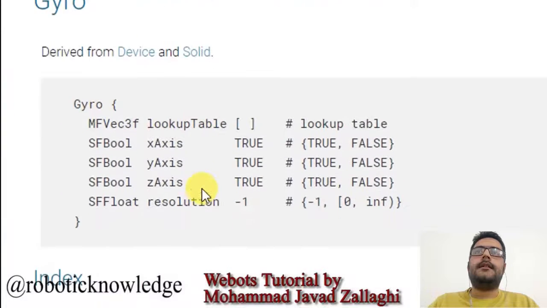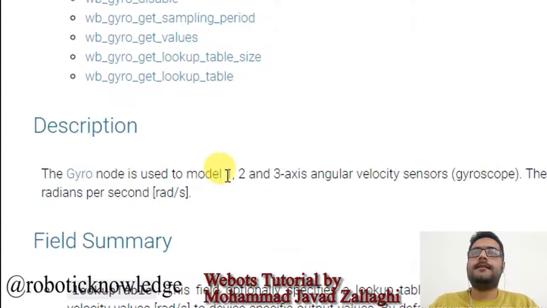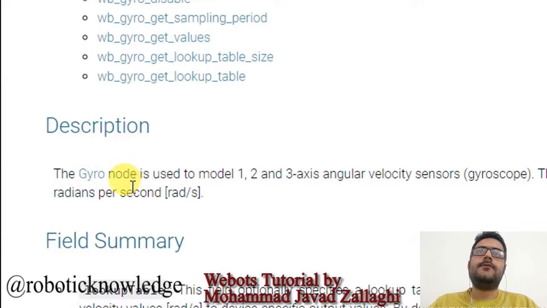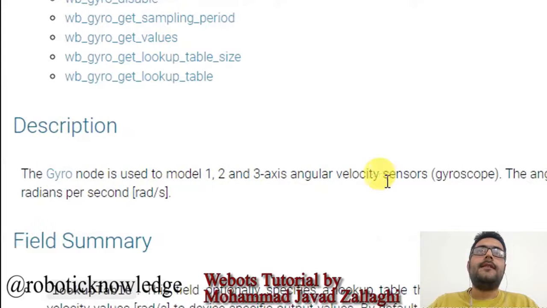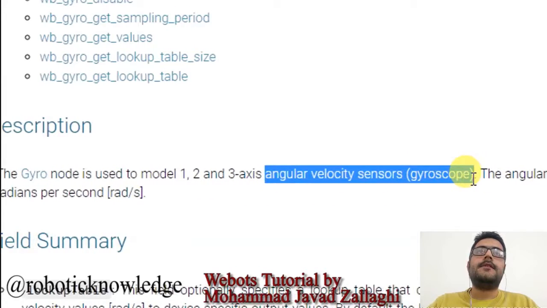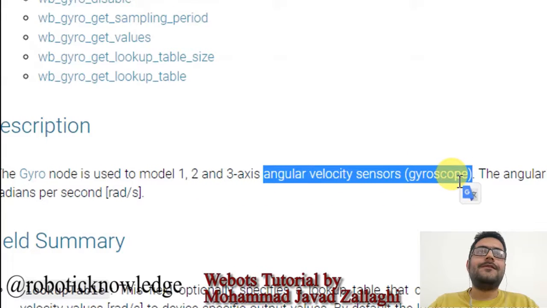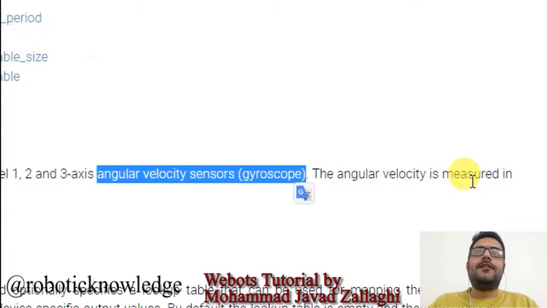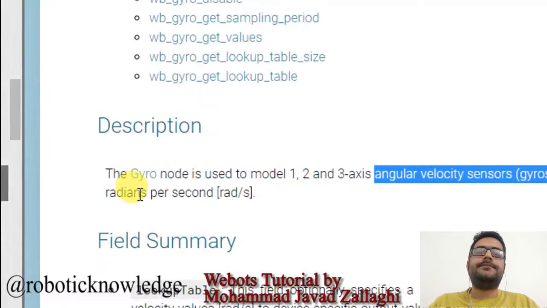An interesting thing is its description here. They explain that the Gyro node is used to model one, two, and three axis angular velocity sensors, which is actually called a gyroscope. Angular velocity is measured in radians per second.